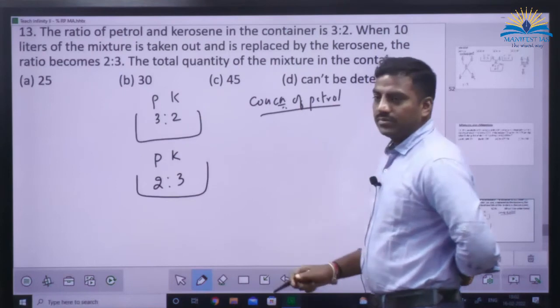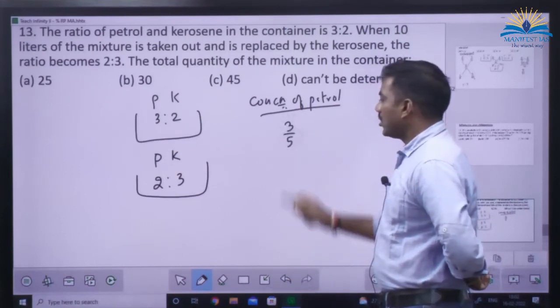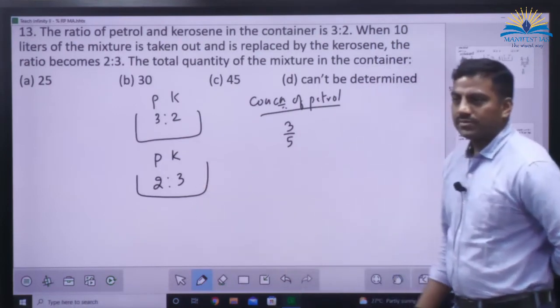How much is it? 3/5. Finally, what is it becoming?